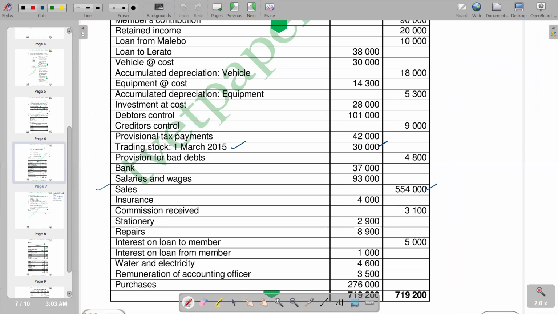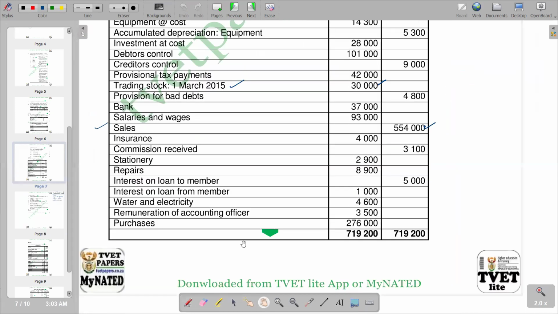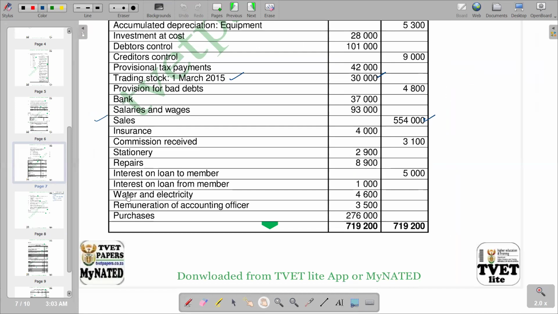You'll see the figure for purchases beneath there, 276,000. Obviously you also check for purchase returns in the trial balance, but you'll see that we do not have any purchase returns or creditors allowances that are going to reduce the figure for purchases.